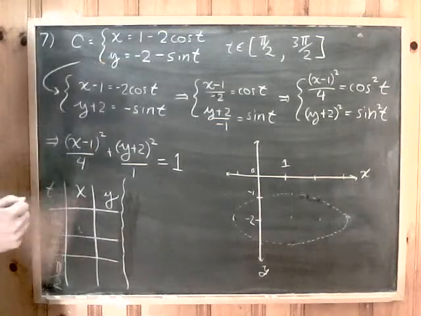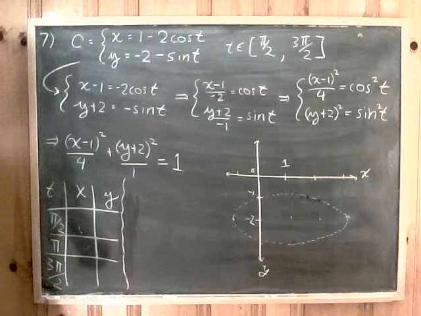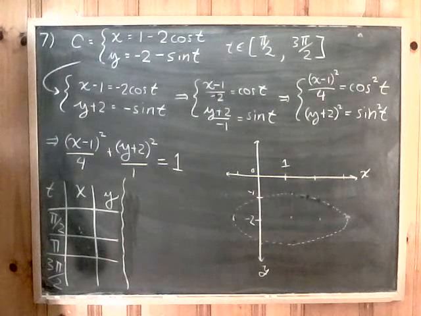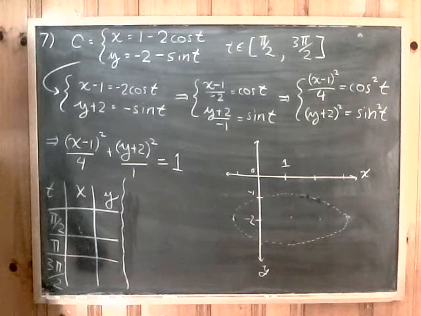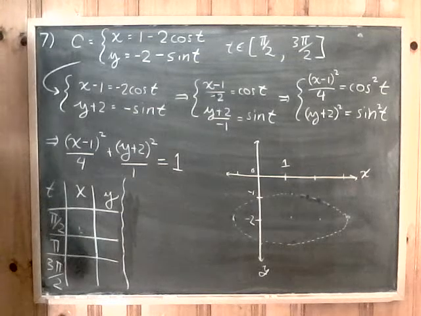It'll be upside down because of the minus, and then it'll be shifted up 1. So first it'll be stretched down to -2, and then shifted back up to -1, and it'll be stretched up to +2, and then shifted up another 1 to 3.